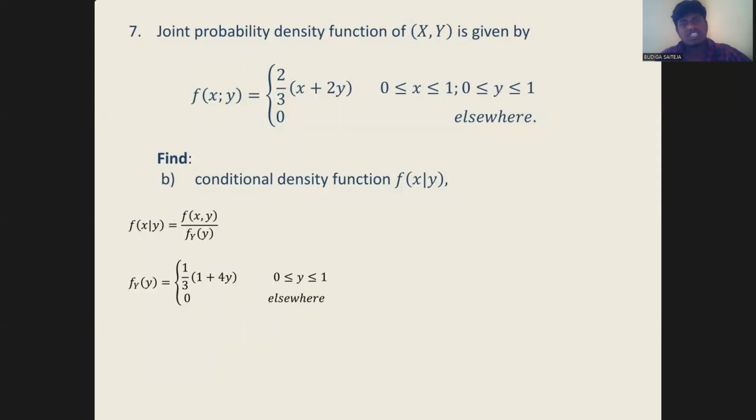We have taken the condition for the density function, and here is the formula for the conditional density function: f of x given y equals f of x comma y divided by f of y. With this formula, we are finding the density function.